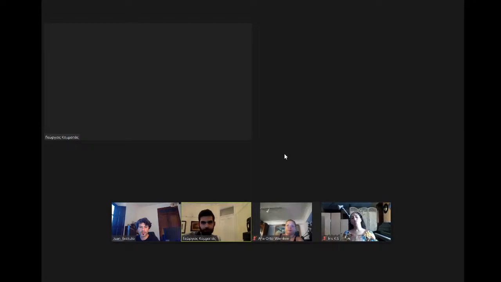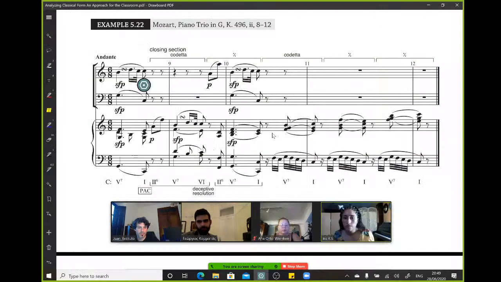But here it is a device within the extension. And what is the purpose of that deceptive cadence? What do you think it is facilitating? The codetta was already kicked in by the perfect authentic cadence, but why do you think he placed there a deceptive resolution? And then we check why it is a deceptive resolution and not a deceptive cadence.